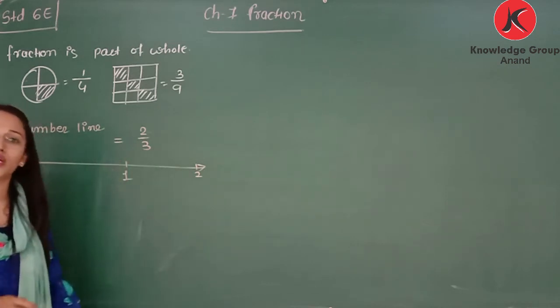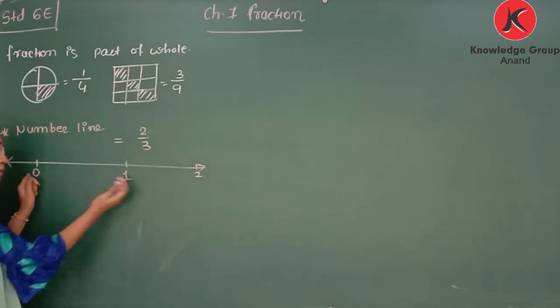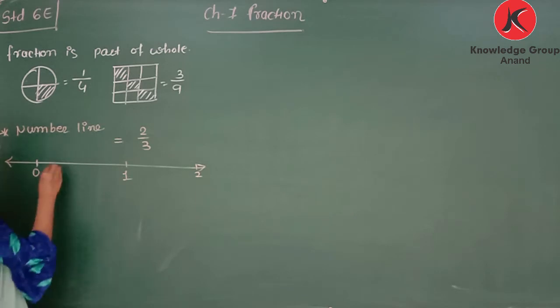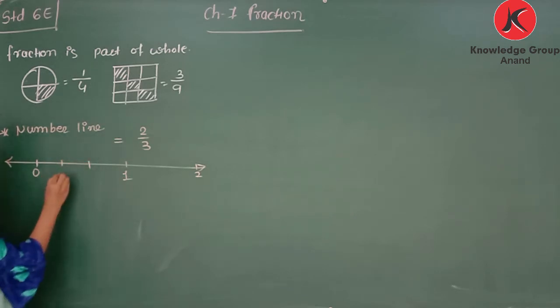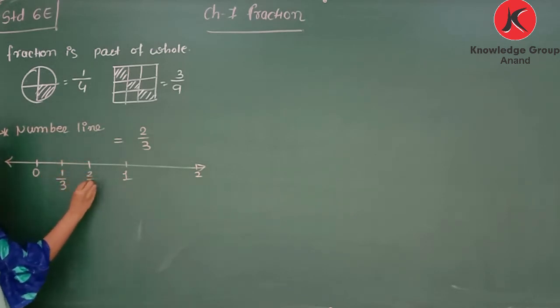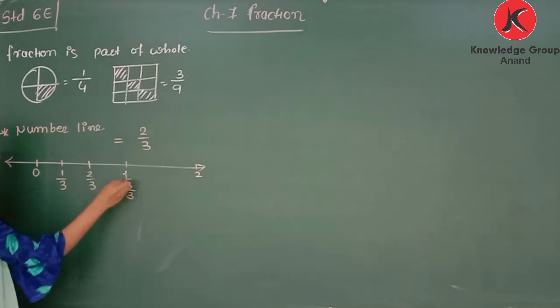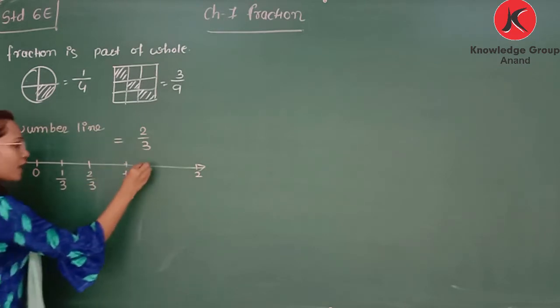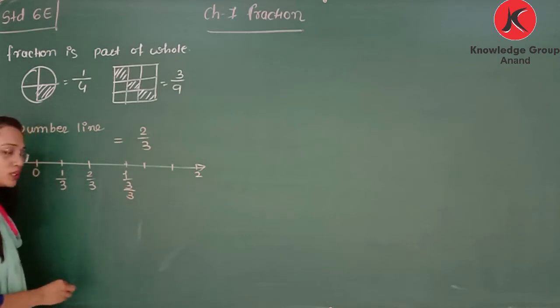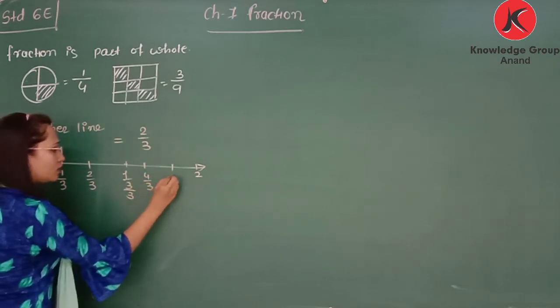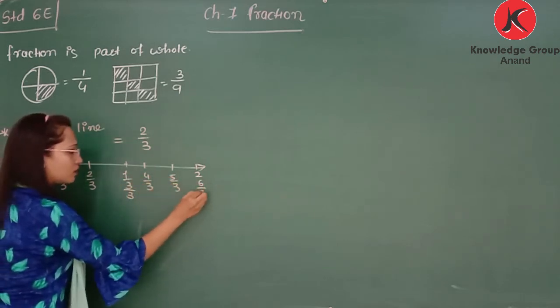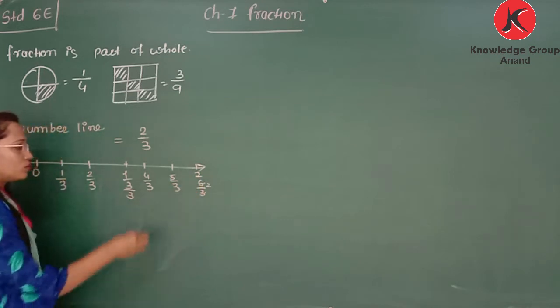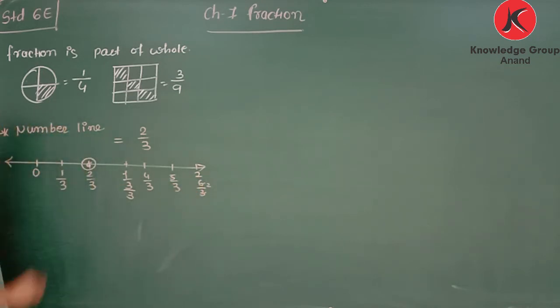Each one part is divided into 3 parts. So let's divide it into 3 parts. So it is 1 by 3, 2 by 3, 3 by 3. That is our 1. After that you can also divide the next into 3 parts: 4 by 3, 5 by 3, 6 by 3. That is 2. So here 2 by 3 is here.